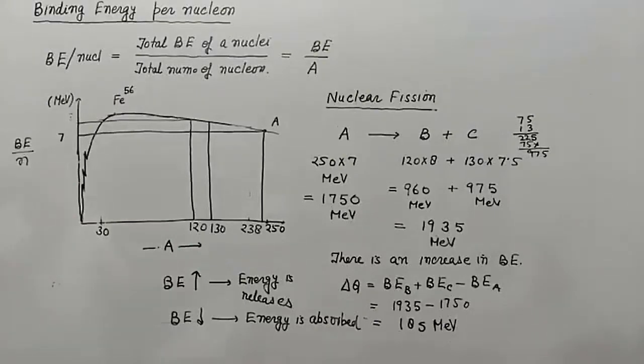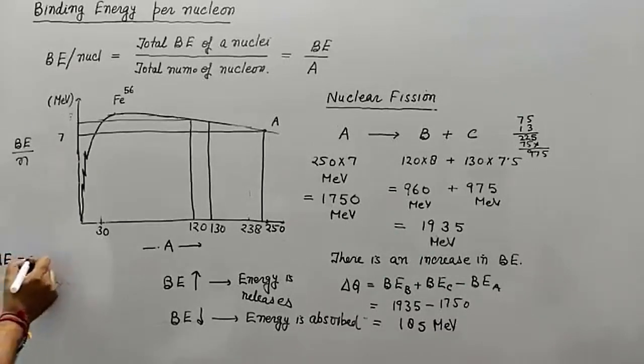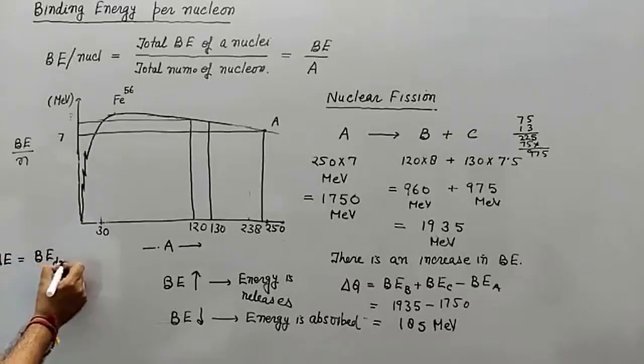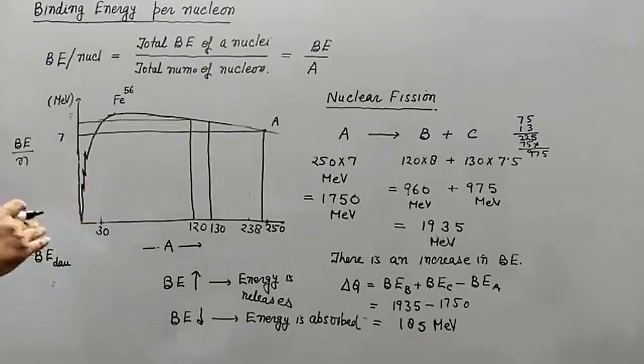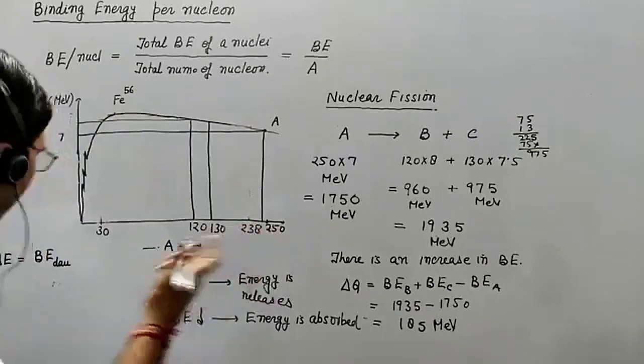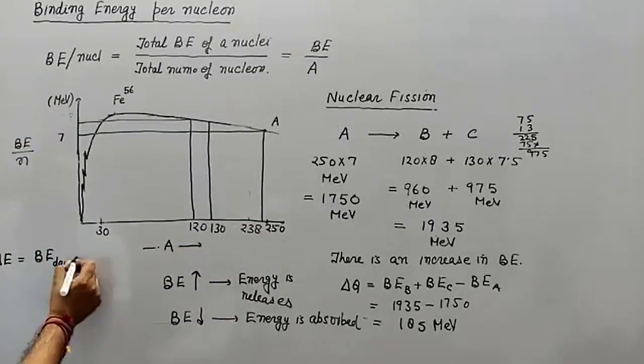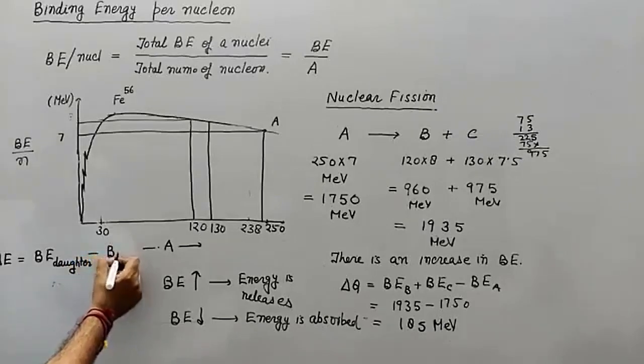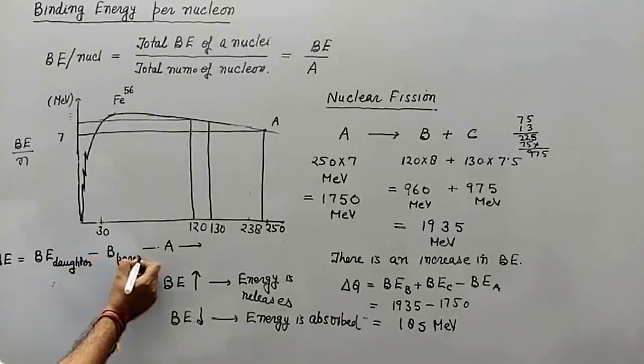So what is the formula for energy released? The general formula for energy released, or delta E, is the binding energy of daughter nuclei, where the daughter nuclei can be 1, 2, 3, 4 like this, minus the binding energy of parent nuclei.